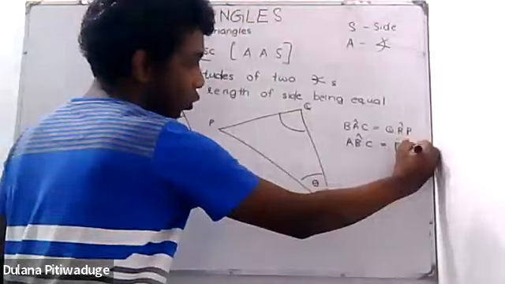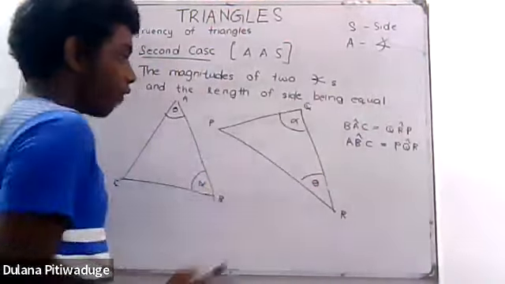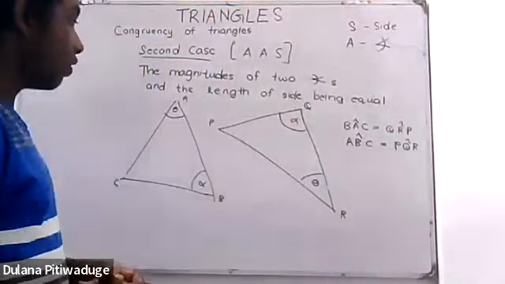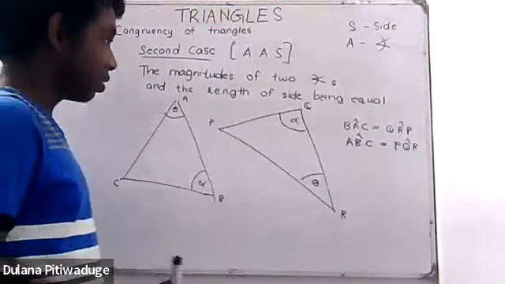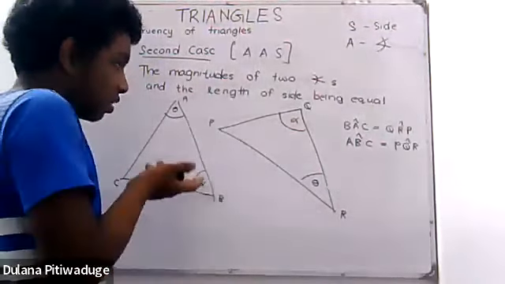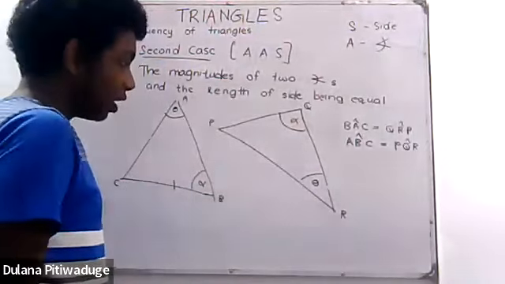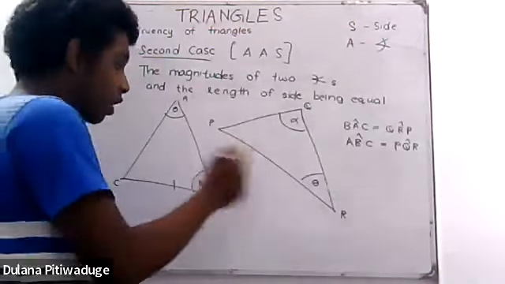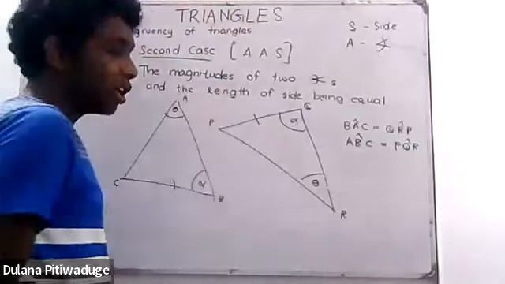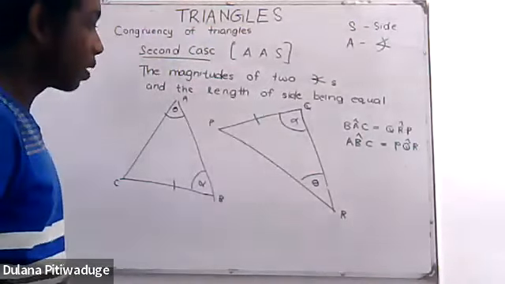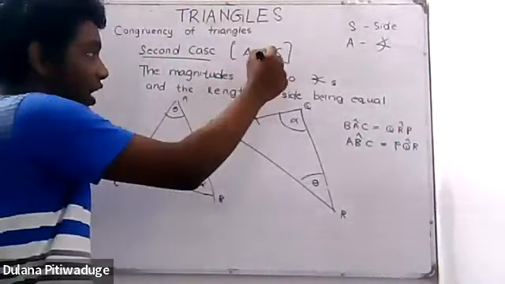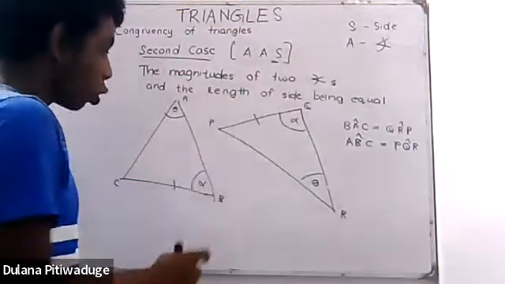Now, two elements of the two triangles are equal. And if we consider another side, if it's this side over here, for the triangles to be congruent, it should be equal to this side over here.